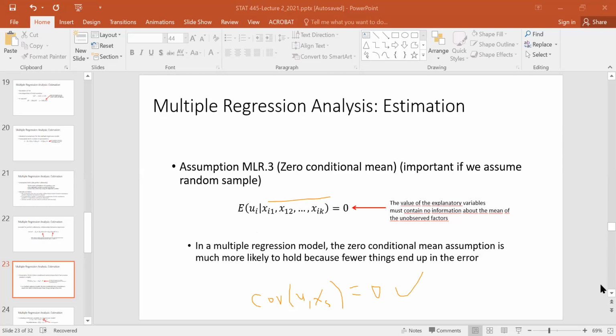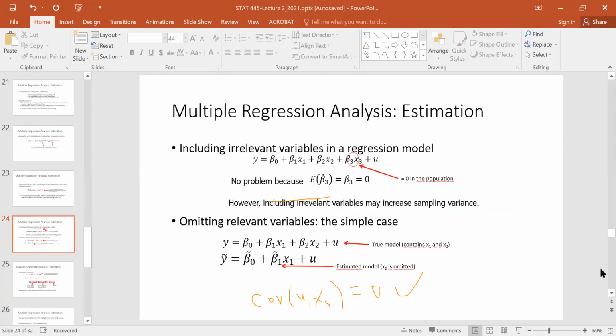Maybe let's go to the simple regression framework. Let me share a whiteboard. Let's say we have our return to schooling equation. These are wages, and this is beta 0 plus beta 1 education plus your error term.